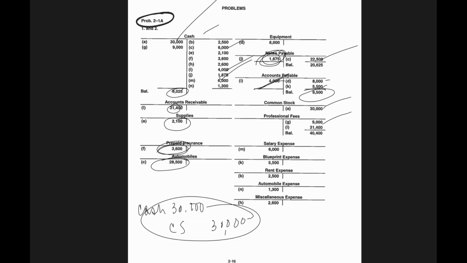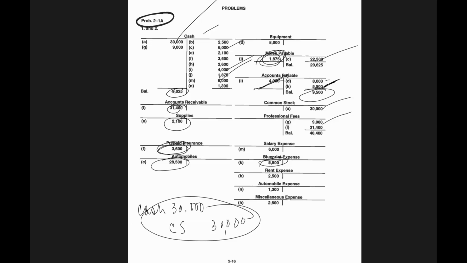Received an invoice for blueprint services due in February, so we are going to debit blueprint expense for $5,500. However, we still owe it, so accounts payable is going to be credited for $5,500. Then, recorded fees earned on plans delivered, payment to get in February.